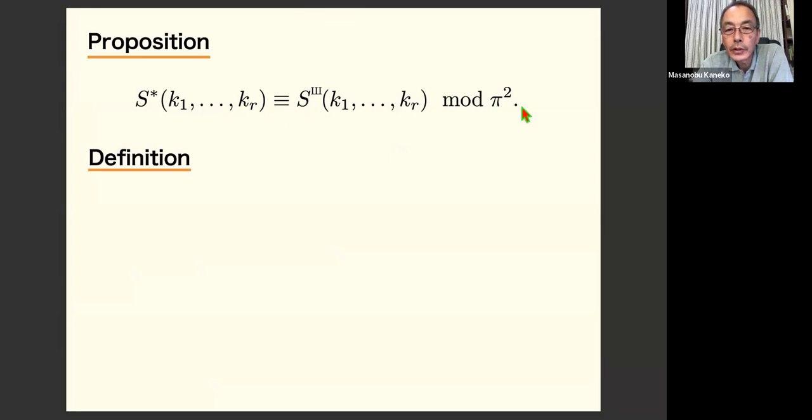Modulo pi squared means the difference of the left-hand side and right-hand side is pi squared, or zeta(2), times some combination of MZVs.